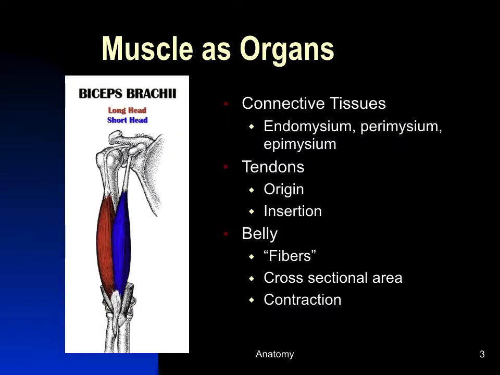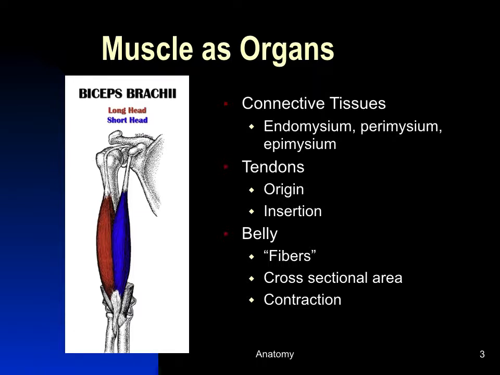When we talk about muscles as organs, we also have to recognize that they contain more tissues than just skeletal muscle tissue. Muscles contain lots of nerves, blood vessels, and they contain lots of connective tissue. Each skeletal muscle cell is surrounded by an endomysium. That little bit of connective tissue allows it to move relative to its neighbors.